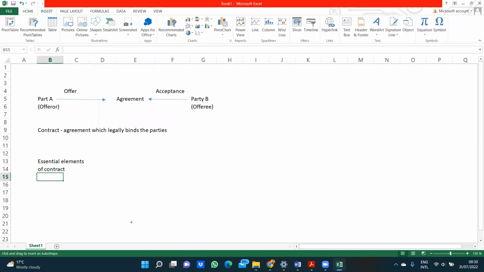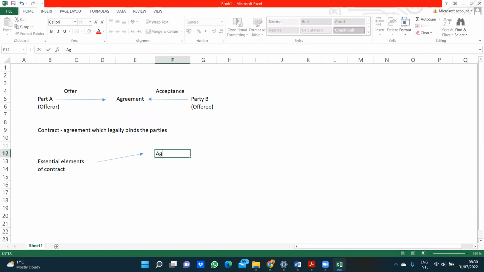First of all, there needs to be an agreement, which is offer and acceptance between the parties.